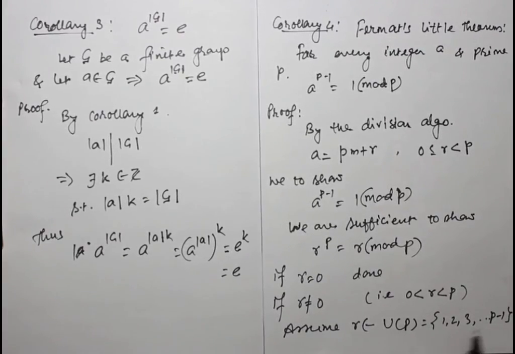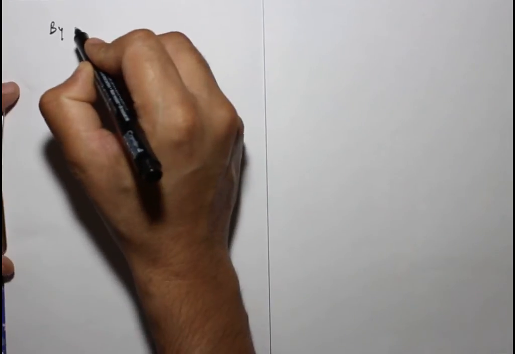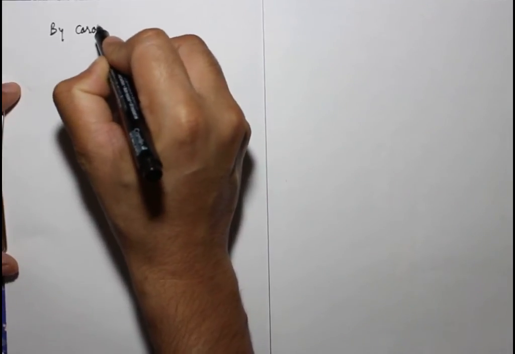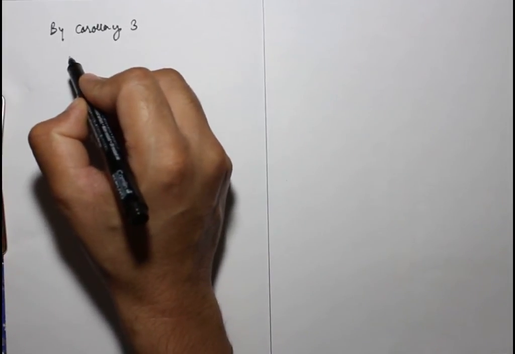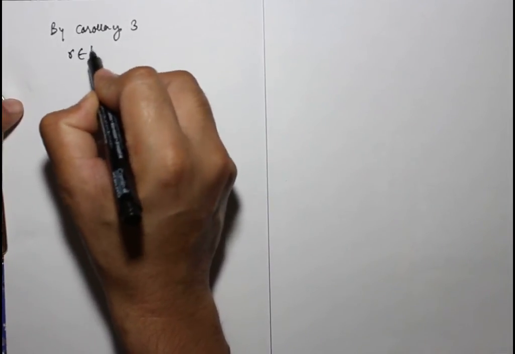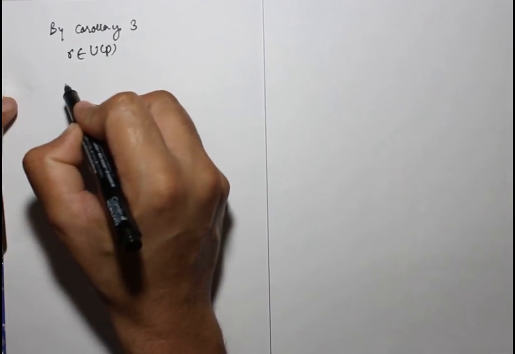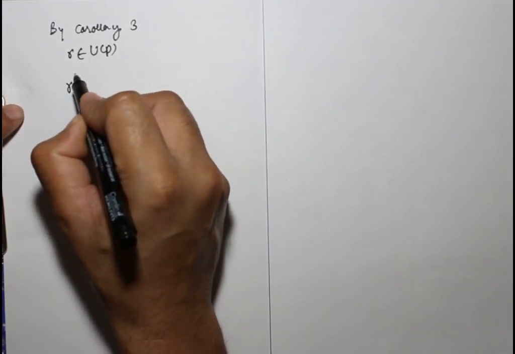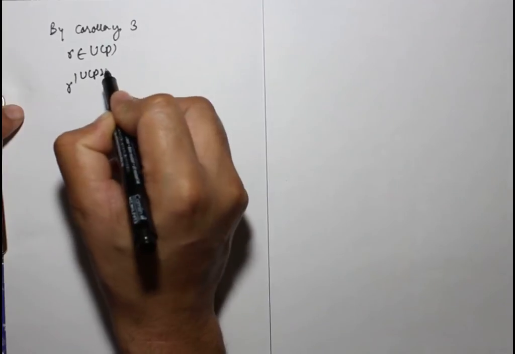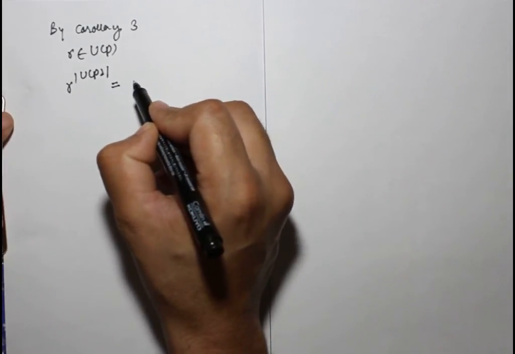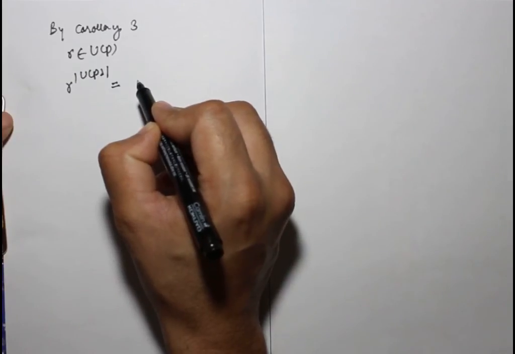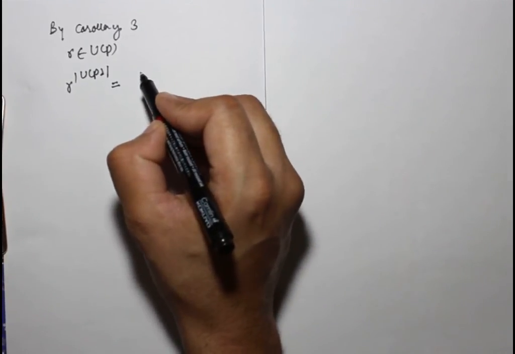This is co-prime with P. By the corollary third, because r belongs to this, so r to the power order of U(P) must equal to identity, that is 1.